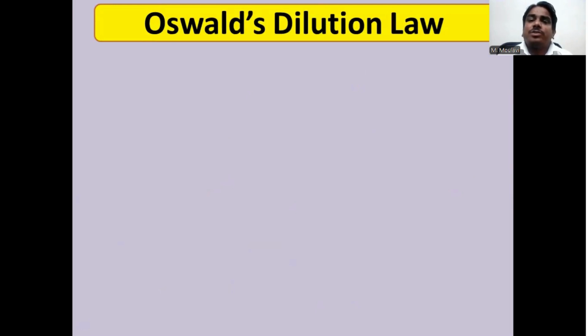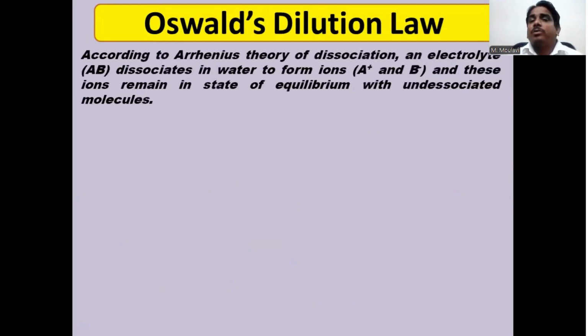Ostwald's dilution law: according to the Arrhenius theory of dissociation, an electrolyte AB when dissolved in water forms ions A+ and B-, and these ions remain in a state of equilibrium with the undissociated molecule, represented by the chemical equation for electrolyte AB.